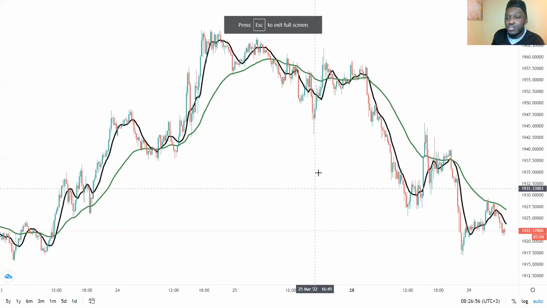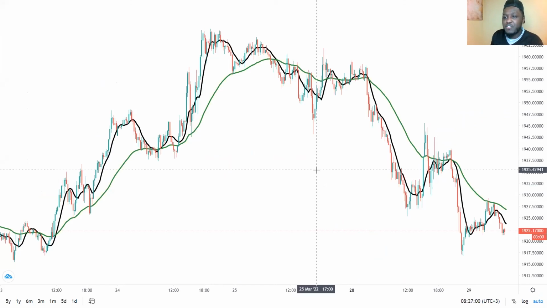Where the 9 goes, you will go. If, for example, you had a 50 moving average and a 200 moving average, you would follow the 50. But now, because you have a 50 and a 9 moving average, you are going to follow the 9 moving average. In this case, our 9 moving average is the black one.